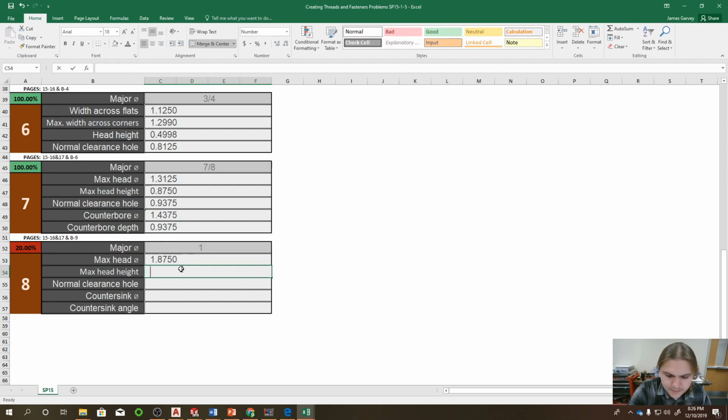And that's right. And then the head height is 0.596 times our diameter minus 0.075.